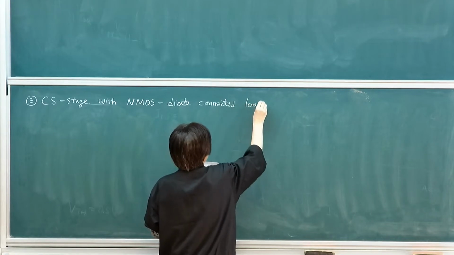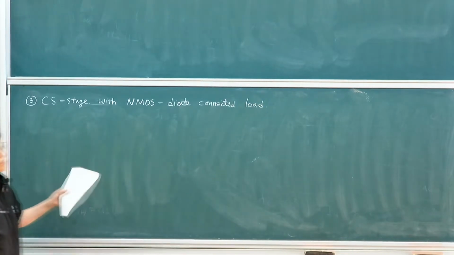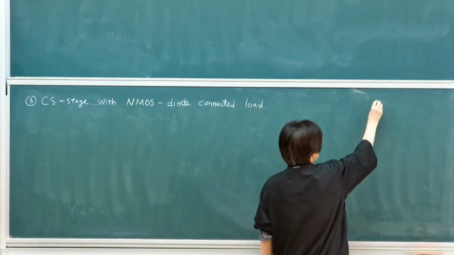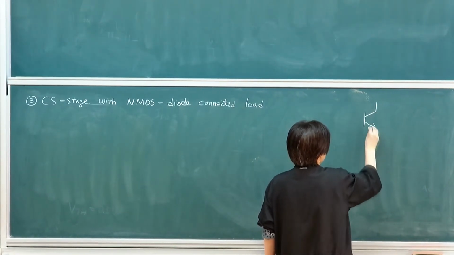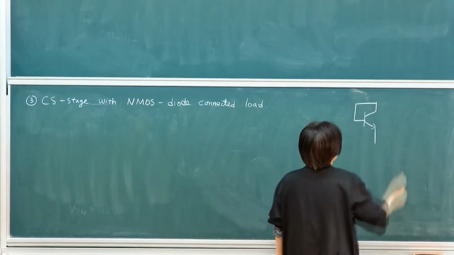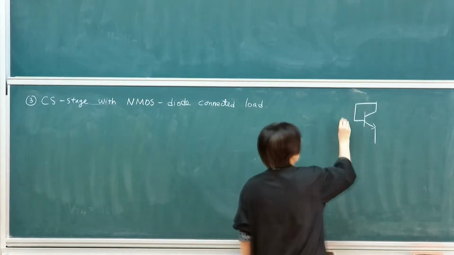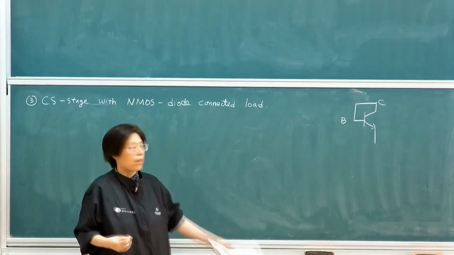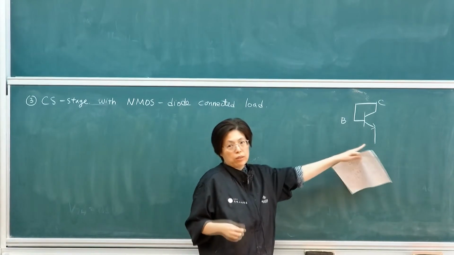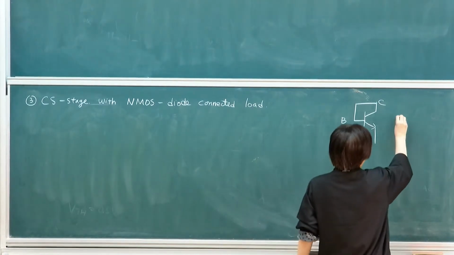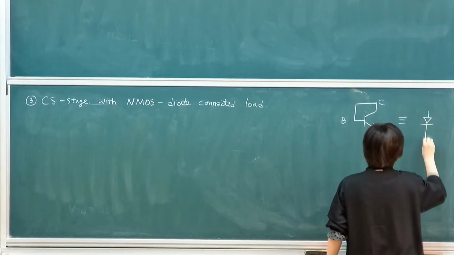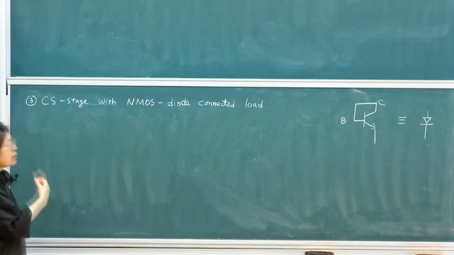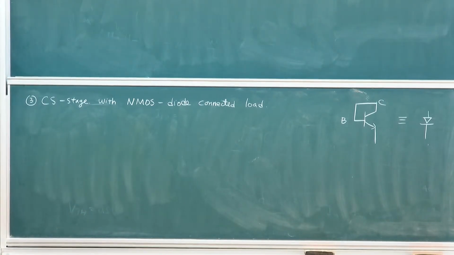The reason why it's called diode connected is because this comes from the bipolar junction transistor. Let's say I have a bipolar junction transistor, looks something like this. If I connect the base and collector, I short the base and collector, what I see is actually a diode, right? I only have PN, so I can see it. It becomes similar to a diode. Behavior looks like a diode. That's why it's called a diode connected load. But this can also be extended to MOSFET.